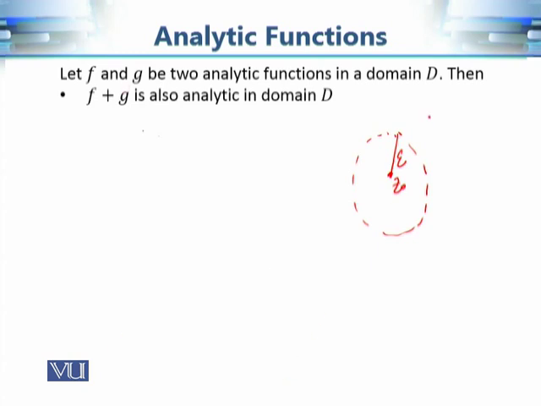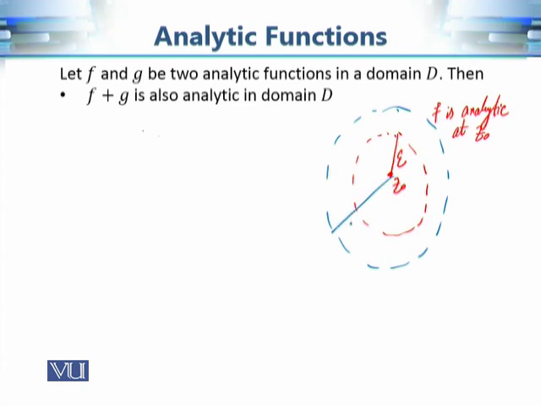So f is analytic at z0. This is the consequence of this: there exists an epsilon neighborhood and the function is differentiable at each and every point in this epsilon neighborhood. Now if g is also analytic at z0, it means there exists some other neighborhood.